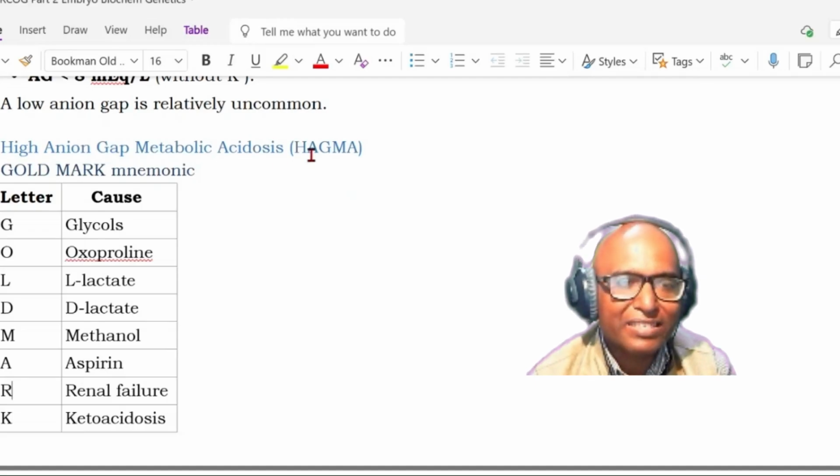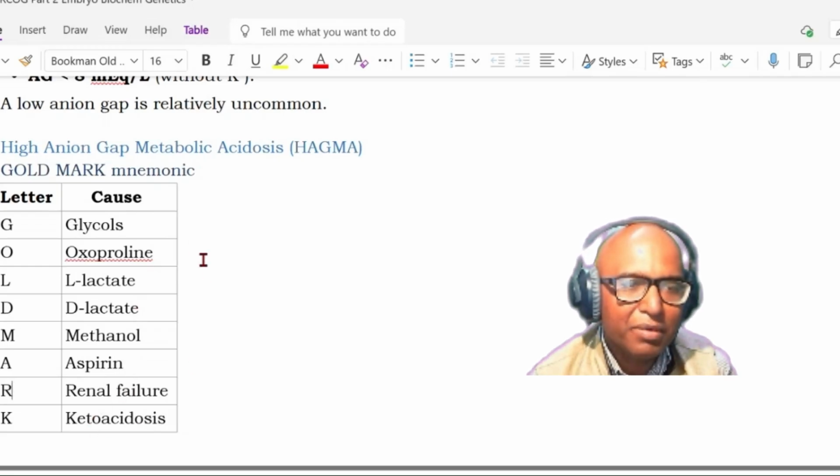HAGMA examples: GOLDMARK is the mnemonic, standing for glycols, oxoproline, L-lactate, D-lactate, methanol, aspirin, renal failure, and ketoacidosis. Remember a few things: lactate, glycol, methanol, aspirin. Ketoacidosis and renal failure you will remember.